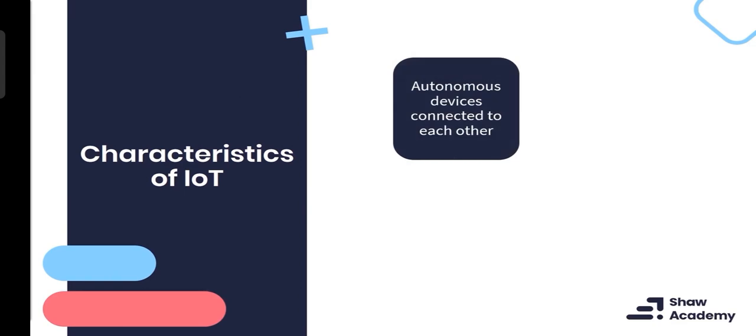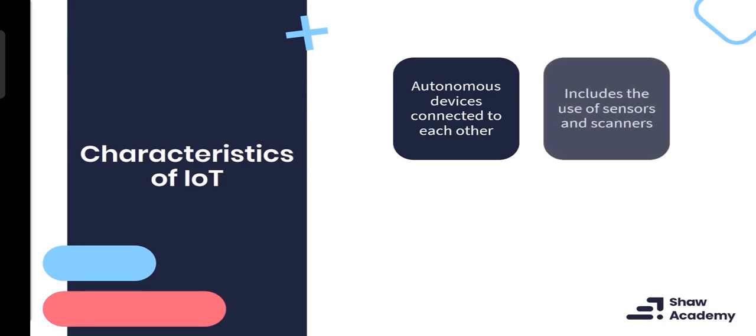And essentially, as we mentioned before, it includes autonomous devices that essentially connect to one another without human intervention. And often you'll find that it is quite software driven. Apart from this, it also includes various sensors and scanners. And this could be temperature sensors, it could be cameras, it could be infrared sensors. It really all depends on the kind of data that you're trying to retrieve and what your intention is with that data.